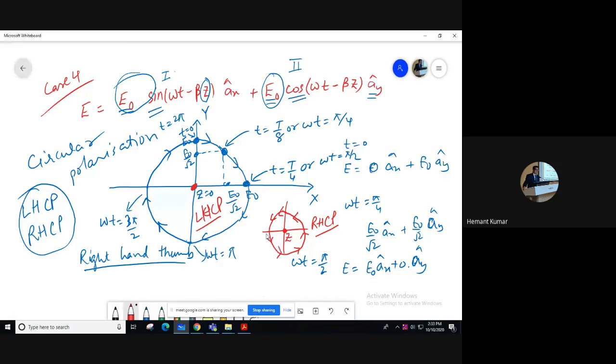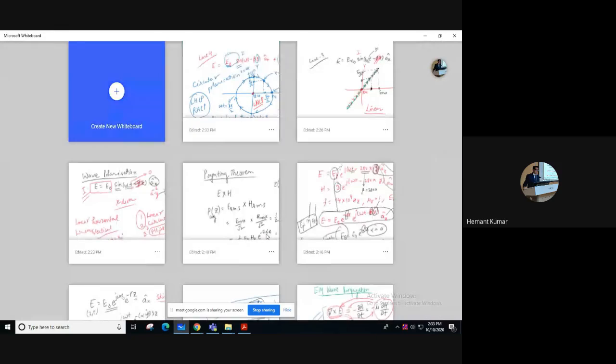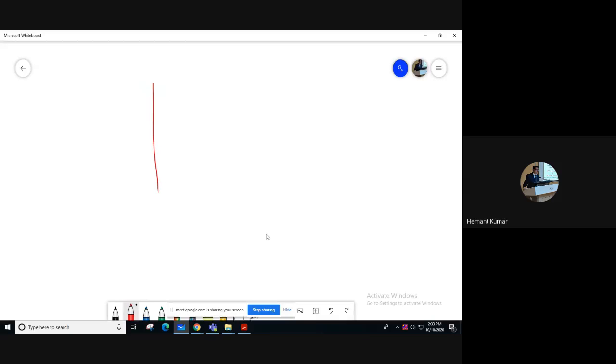I will give you one more example. Suppose this is X, this is Y, and this is our Z, but our direction of propagation is minus Z. It means the direction of propagation is inward, not outward.